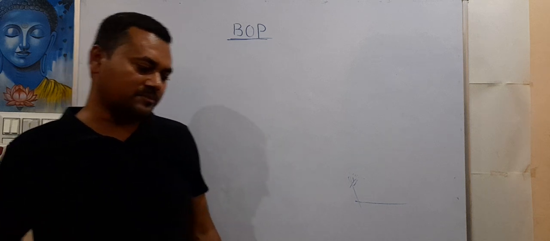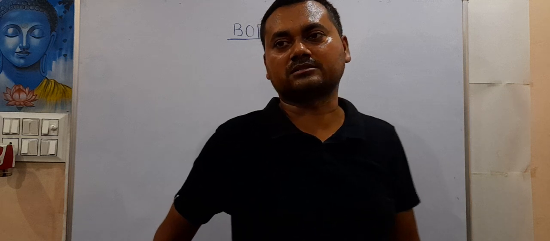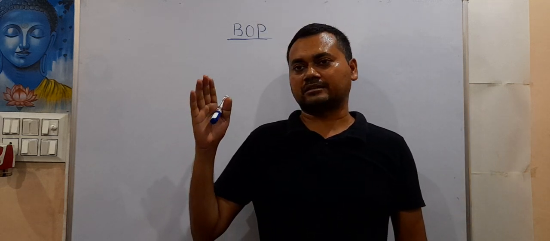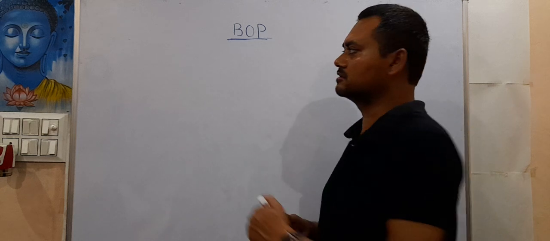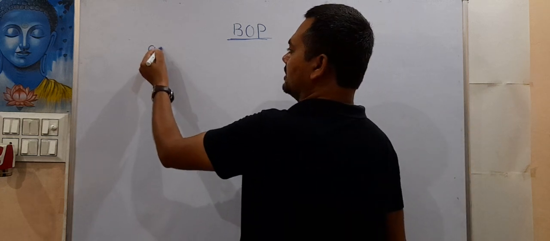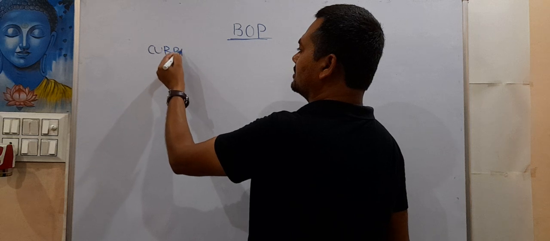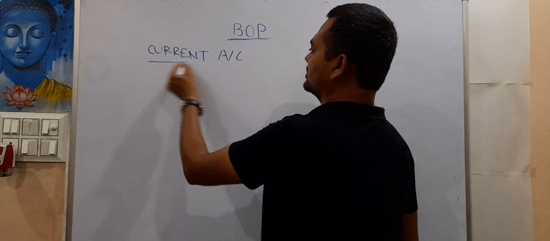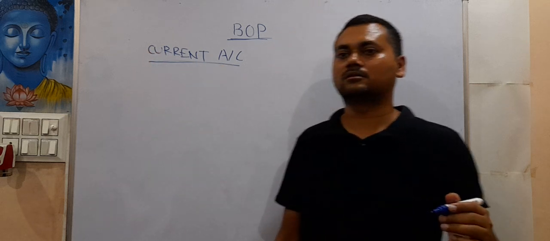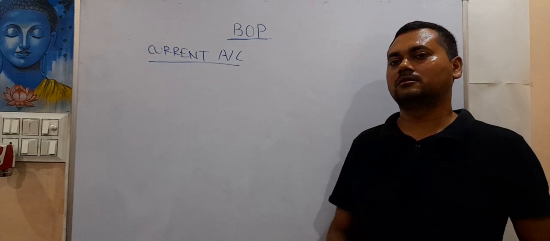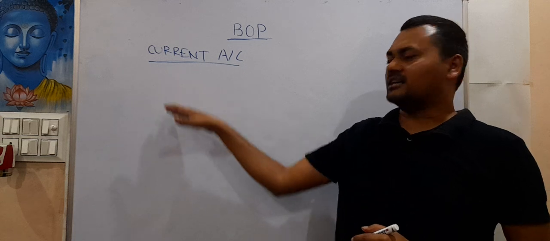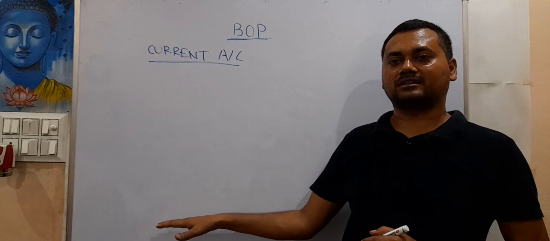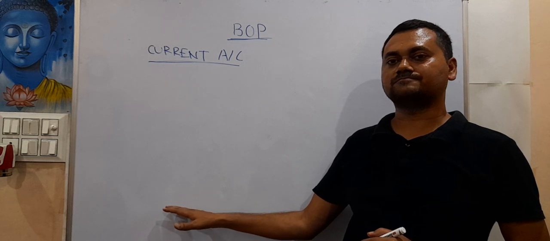This balance of payment has two components. One is called the current account and the other one is the capital account, not the saving. So what are the components of the current account and what are the components of the capital account?